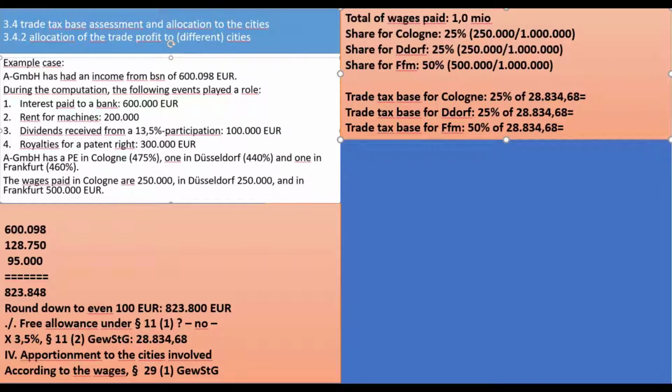So this is 7,708.67, and this should be the same amount taken twice. 14,417.38.